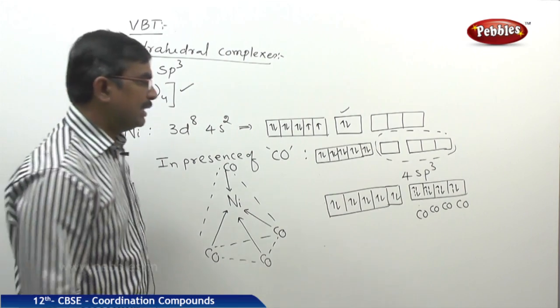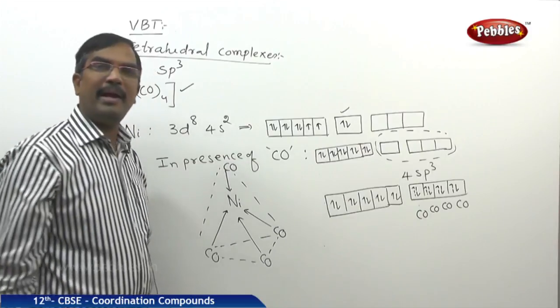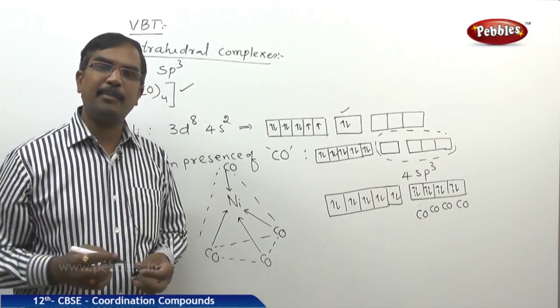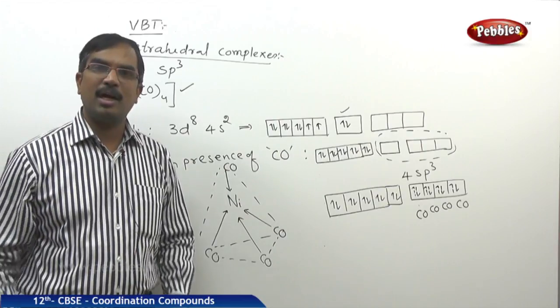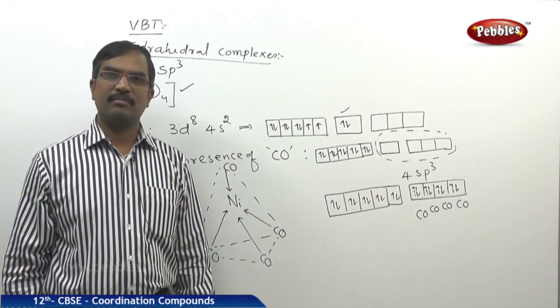At the same time, if we look at this complex, we cannot find any unpaired electrons. That's why the magnetic property of nickel tetracarbonyl is diamagnetic.